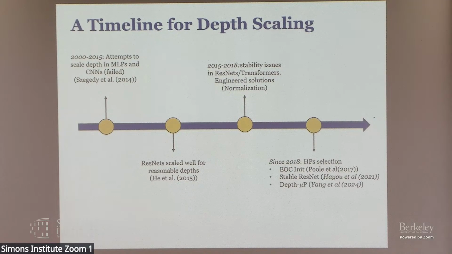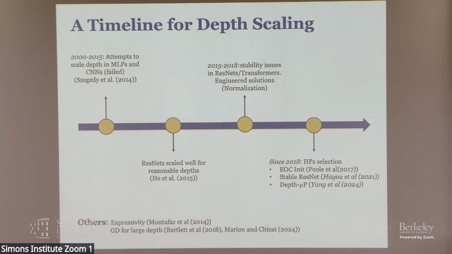And more recently, people started to ask the same questions that we've seen for the width: how to select the hyperparameters with depth as you increase the number of layers. In this case, I'm going to talk about stable ResNet and depth muP. But just know that there are other theoretical works that consider different aspects of scaling depth, or increasing the number of layers.